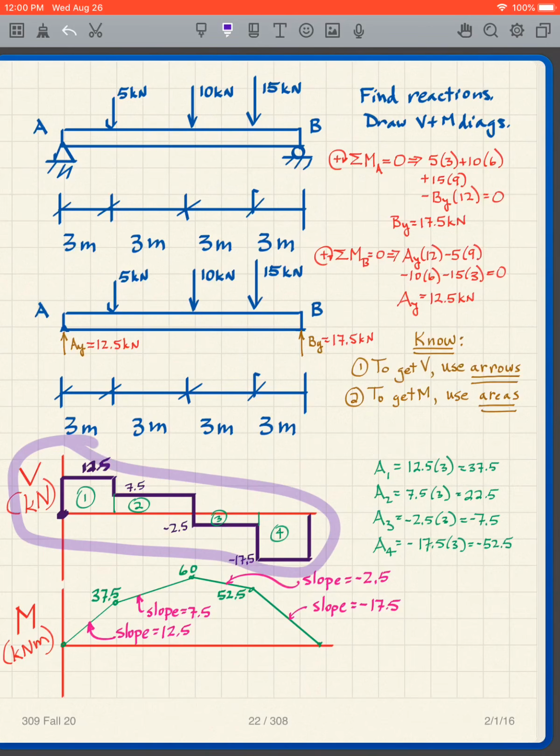By creating the shear diagram, I can see immediately the greatest shear. It pops right out. We're looking at the greatest maximum absolute value in this case, and I see the greatest shear is, in this case, negative 17.5 kilonewtons.